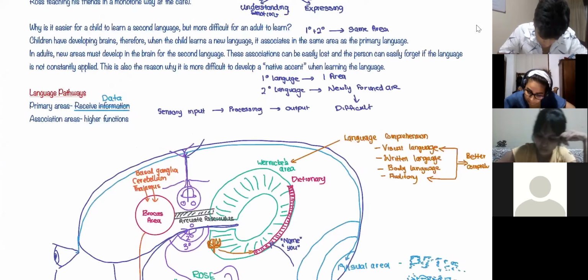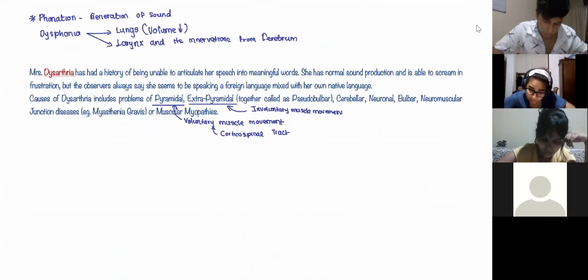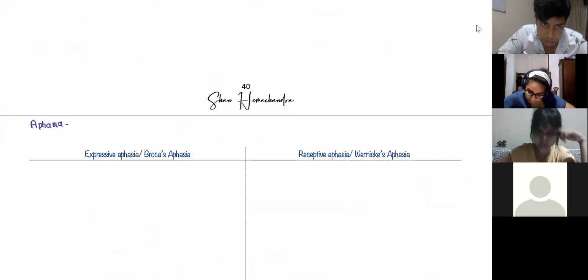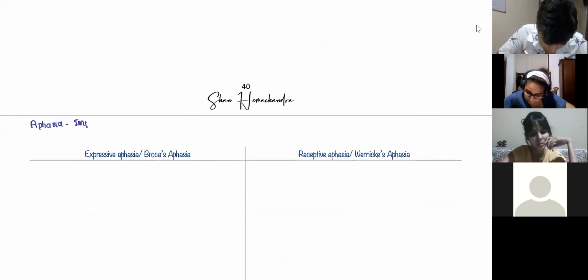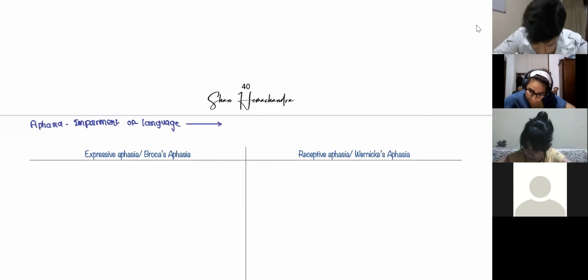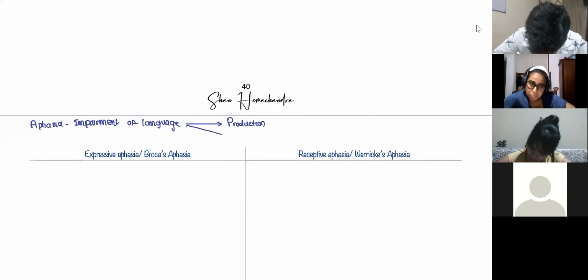So now let's talk about aphasias. Aphasia means impairment of language, and it occurs due to defects in two areas, either production or comprehension.